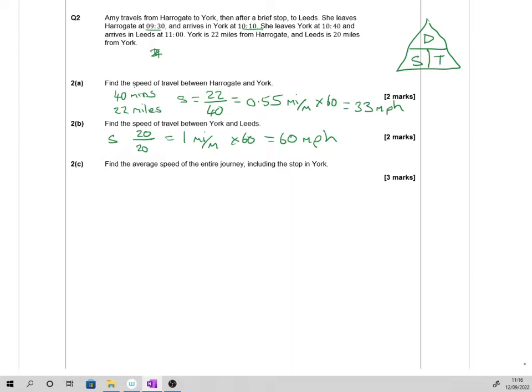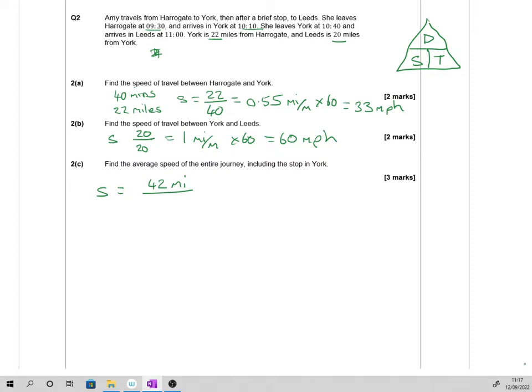Find the average speed of the entire journey, including the stop. Well, the average speed is the distance, which is 22 plus 20, which is 42 miles, divided by the time.